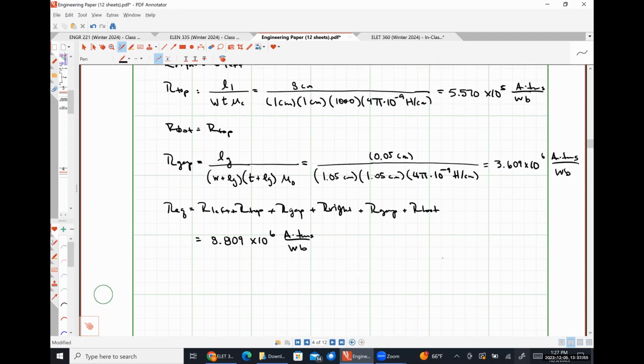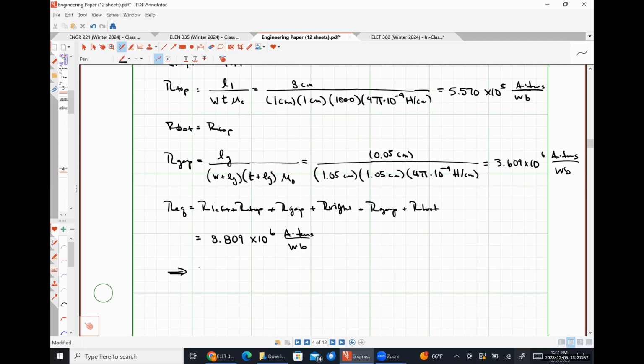And as I mentioned a moment ago, twice our gap is approximately equal to 82% of our equivalent reluctance.